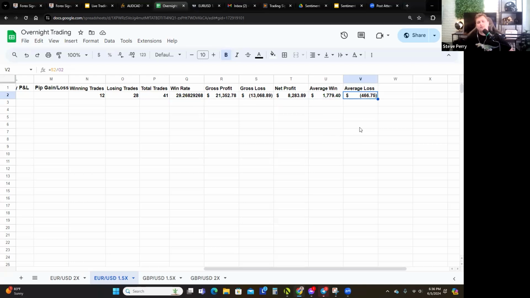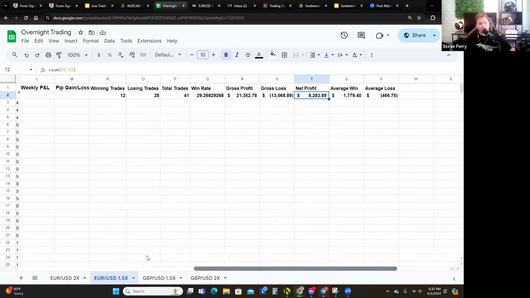So the average win is over 3 times, nearing 4 times, the average loss. It's almost 1 to 4 when you compare these two. These two numbers are so different that that's how this 29% win rate strategy is pulling out a six-figure income a month.